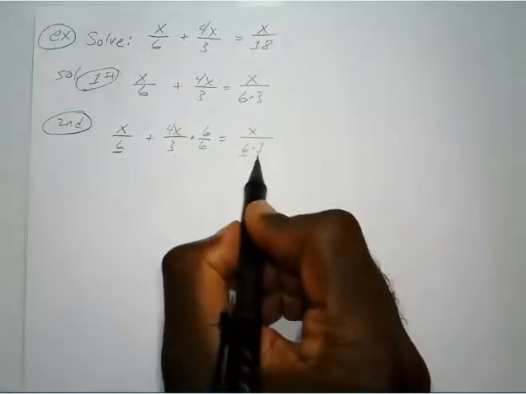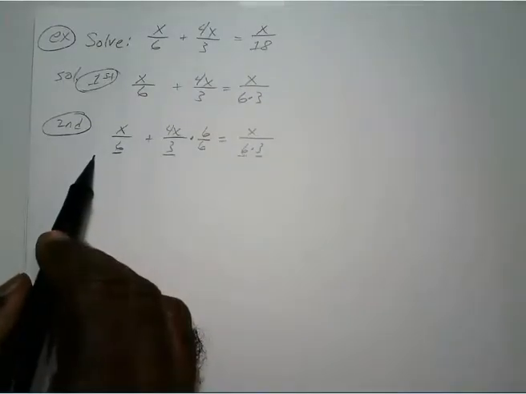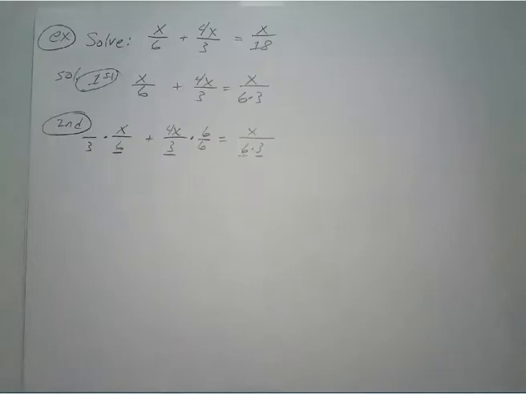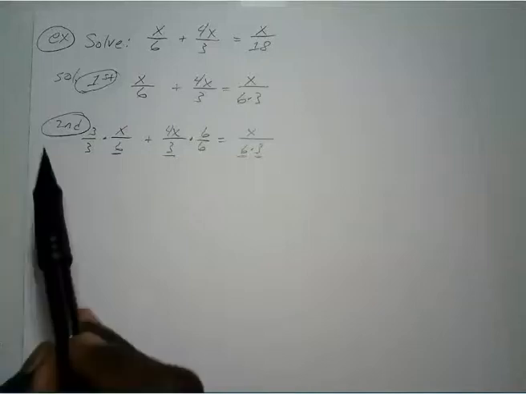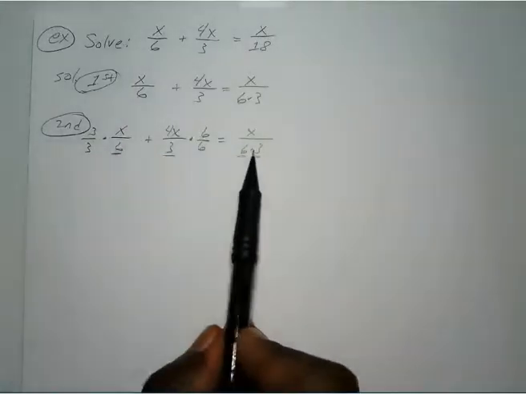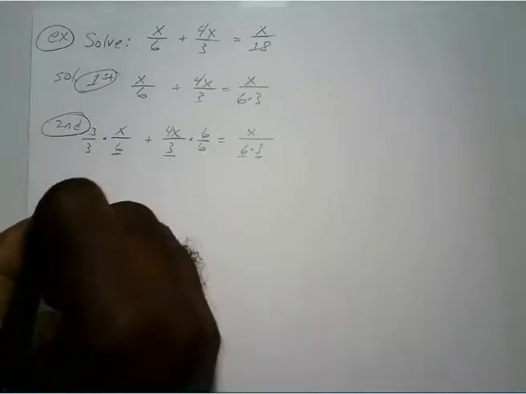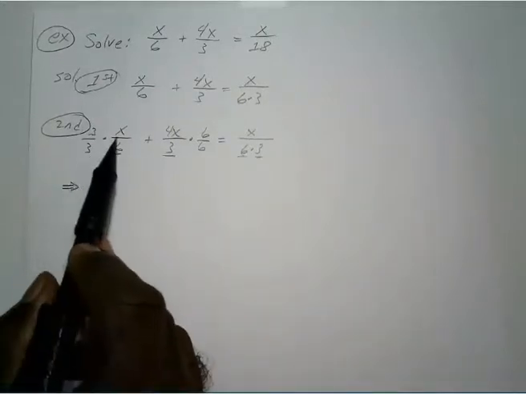So you have a 3 here, a 3 here, but you don't have a 3 here. So you have to multiply that denominator by 3, which means you have to do the same thing to the numerator. Now all of your denominators match. You have 3 times 6, 3 times 6, 3 times 6. So now you can go ahead and multiply your numerator.